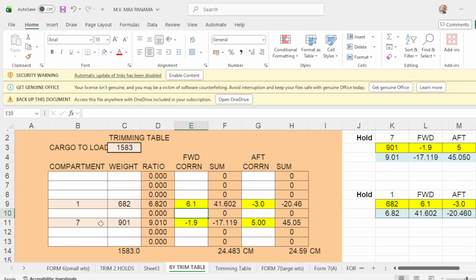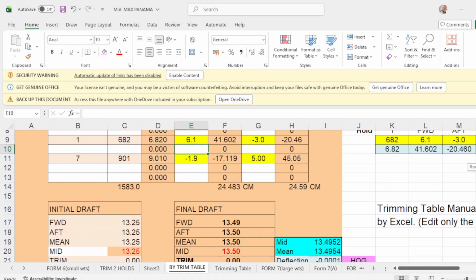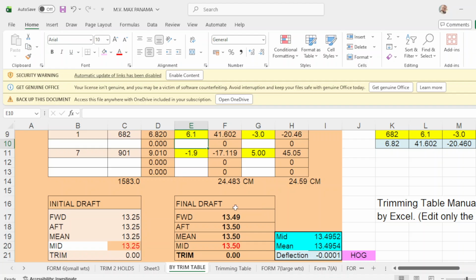Now from hold number 1, at your loading manual, you look for the forward and up correction, and number 7 also look for the forward and up correction. Now take note that forward is 1349.